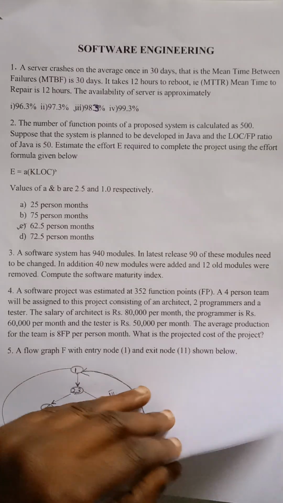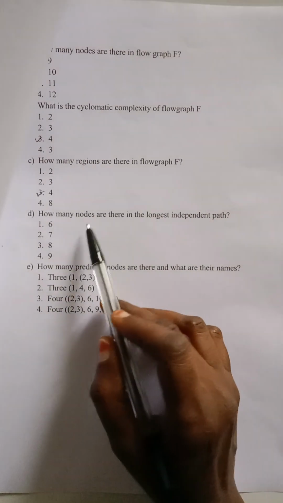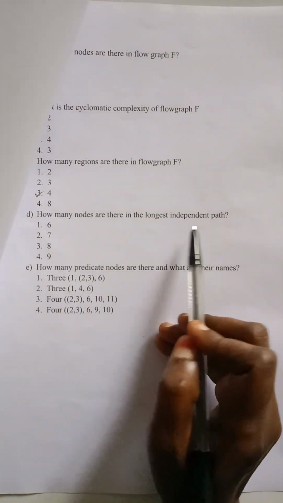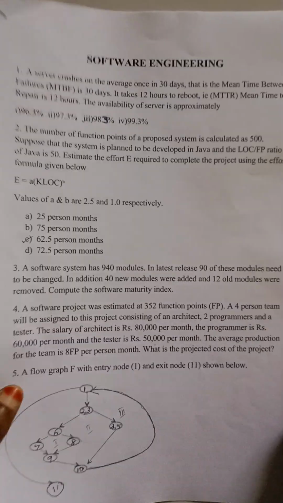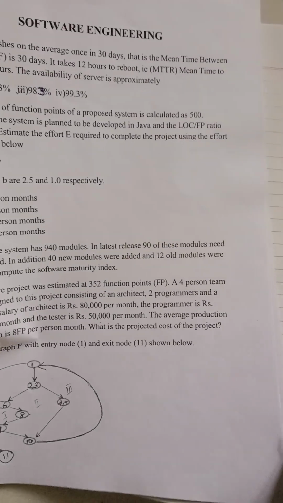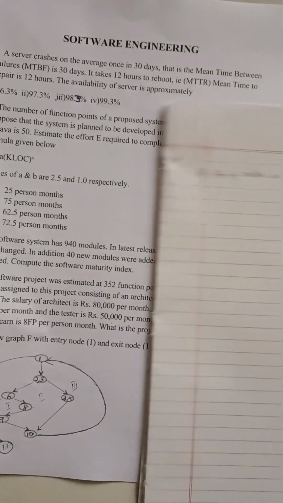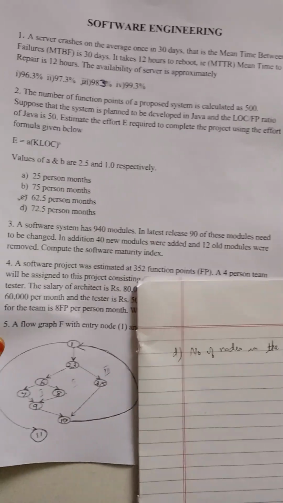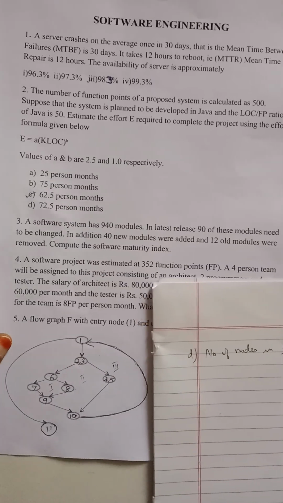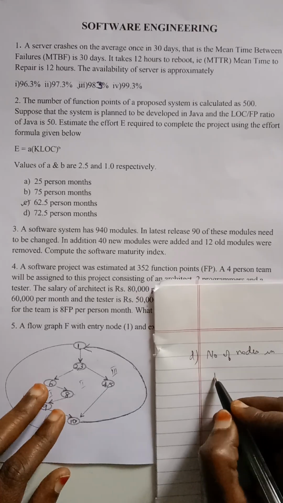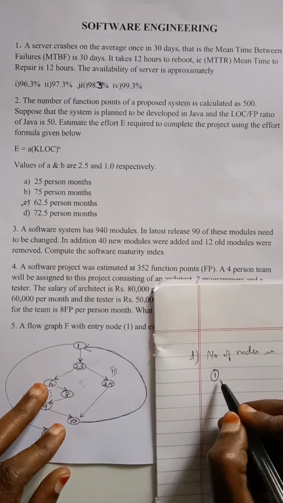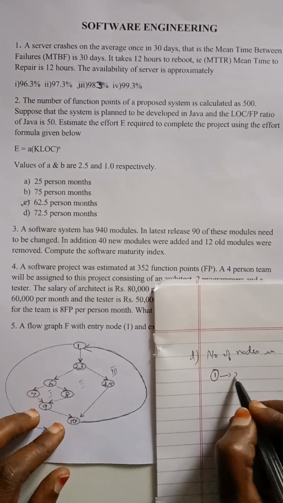They are asking not the number of edges, they are asking the number of nodes in the longest independent path. So you have to find the number of nodes. We'll write the nodes one by one. You start from one node. Okay, one node is there, then you go to node 2, 3.